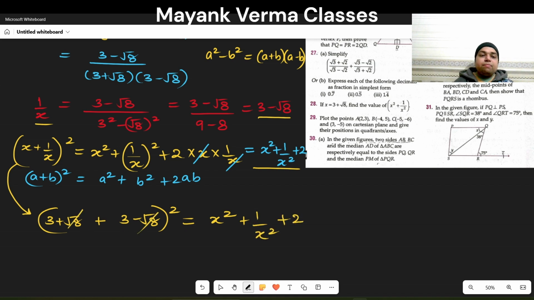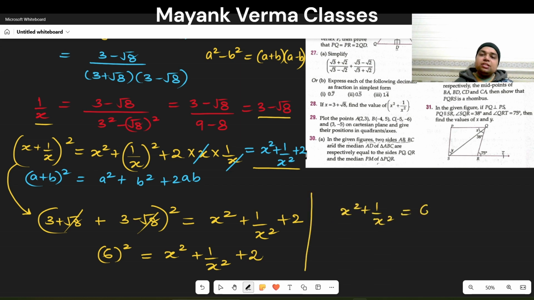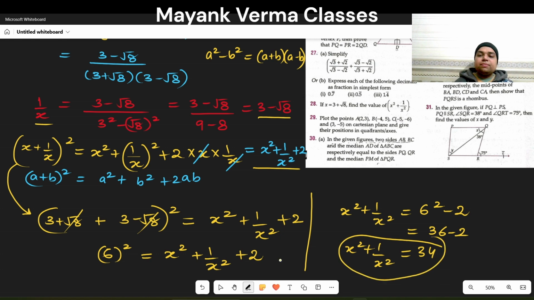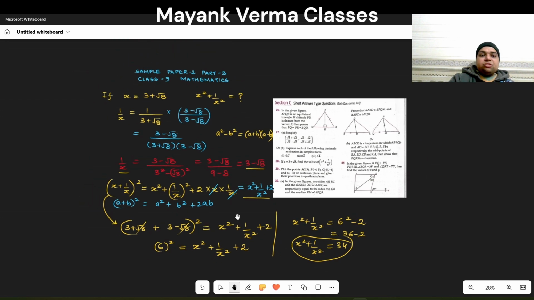So this plus root 8 minus root 8 gets cancelled out. I will get 6 square is equals to x square plus 1 by x square plus 2. Now I can simply say x square plus 1 by x square as 6 square minus 2, which is 36 minus 2. So x square plus 1 by x square will be 34. So this will be the result of this. Okay, now let's see the next one.